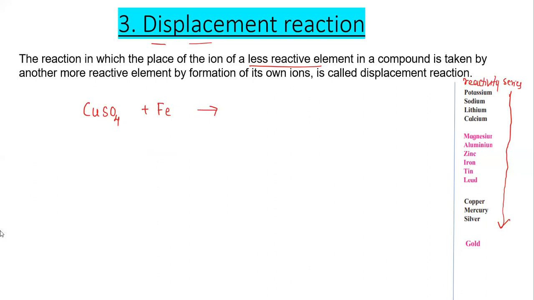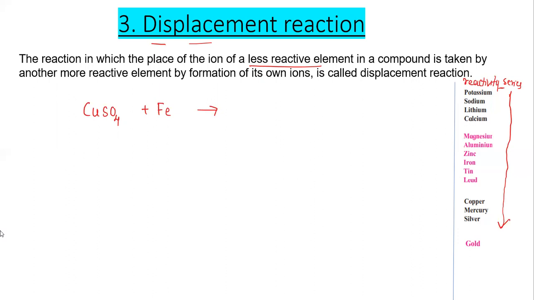If you are moving from top to bottom, then decreasing order. So reactivity series means arrangement of metals in the increasing or decreasing order of their reactivity. Here you can see potassium is highly reactive. After potassium, sodium, lithium, calcium, magnesium, aluminium, zinc, iron, tin, lead, copper, mercury, silver, and gold.